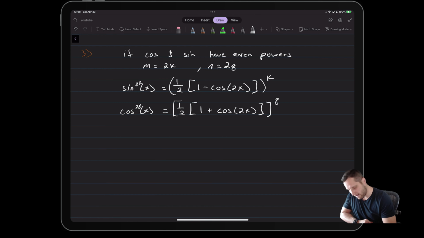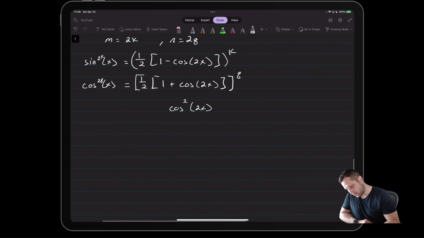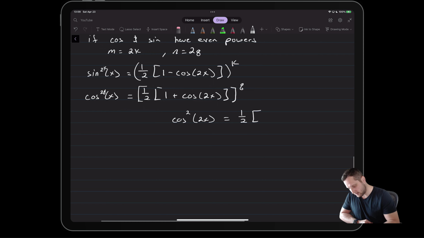And then if you have another term in here, let's say you have a cosine squared 2x, well, you just do the same thing with that. Now this isn't taking into consideration this, so if you've already done this part, then you're going to have another factor of 1/2 in here.